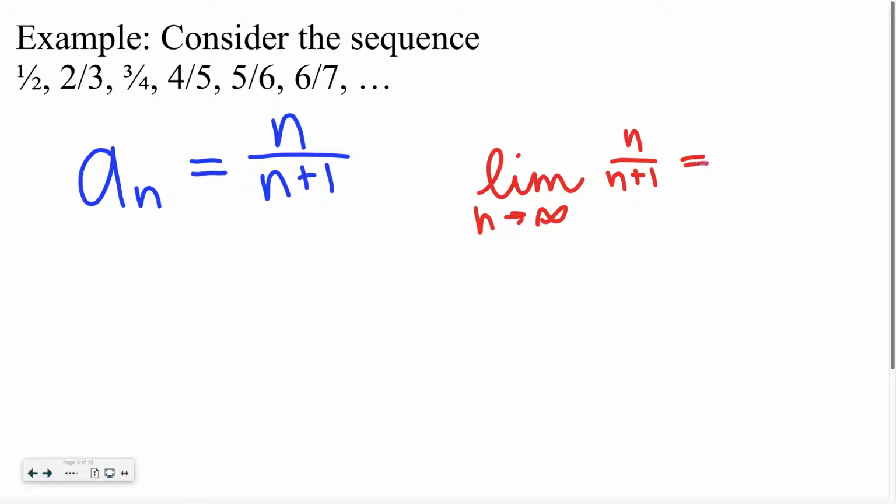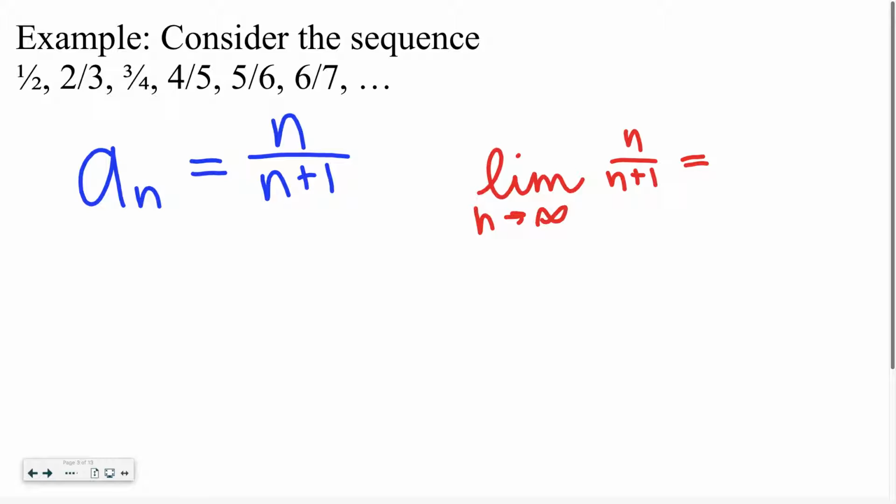That's a lot easier for us to determine what our limit would be. Towards infinity, what is this going to approach? Infinity over infinity. Okay, so we need to think of something else. You can either think of L'Hopital's rule or our horizontal asymptote rules.